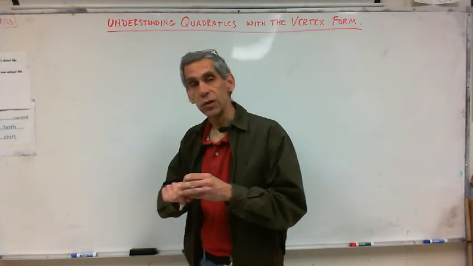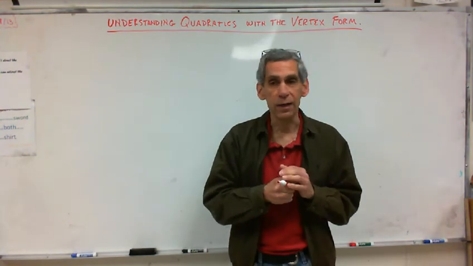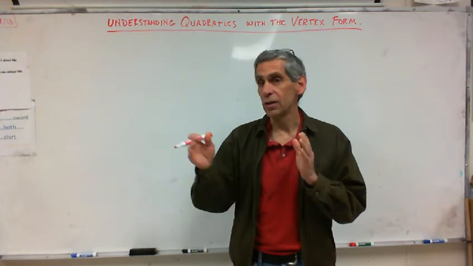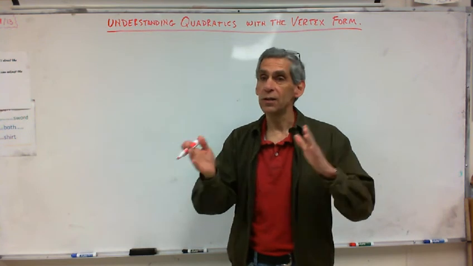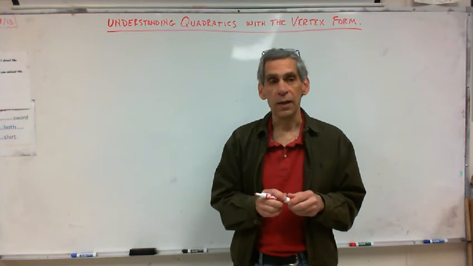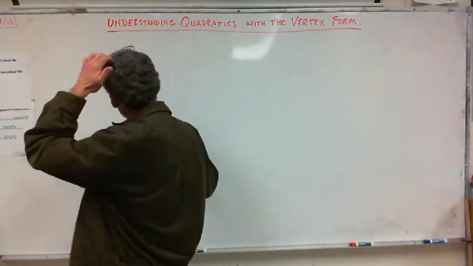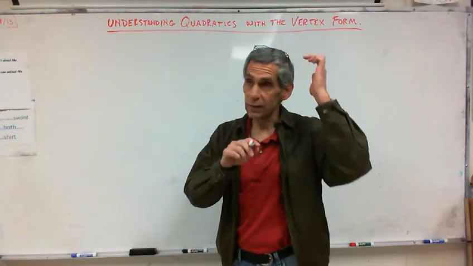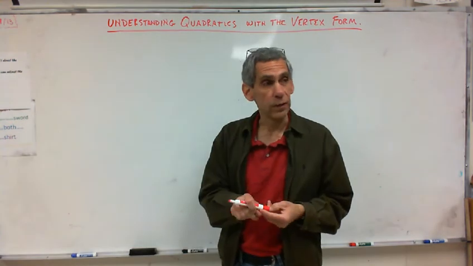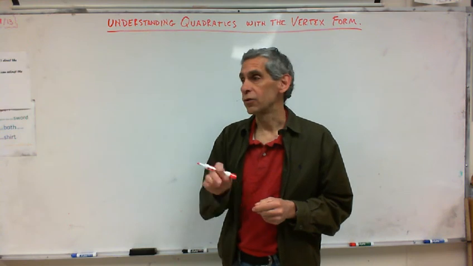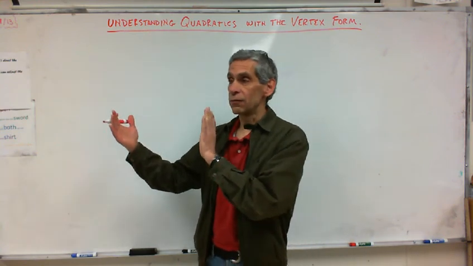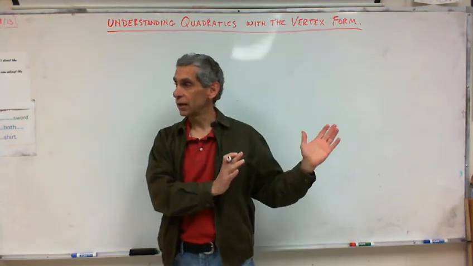Some people don't even use the negative x equals negative b over 2a. They just convert an equation into the vertex form. And then immediately they can graph it. We won't get that far today, but we'll at least identify what the vertex form is. And then maybe tomorrow I will show you how to convert something from standard form into the vertex form.